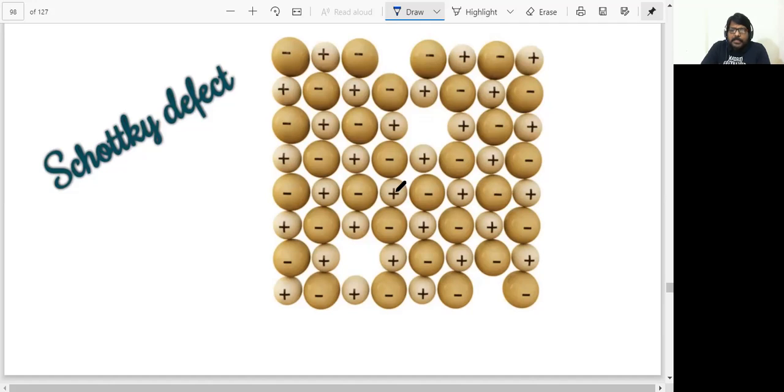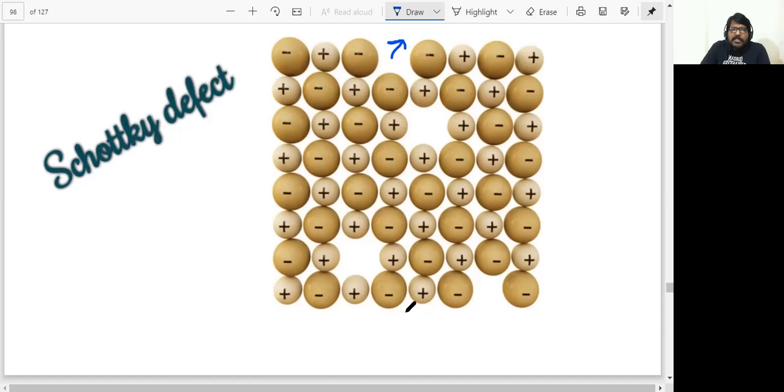Here the constituent particles are ions, cations and anions. At this place, we are expecting one cation, but the cation is missing. And here we are expecting one anion, but the anion is missing. Here also one anion is missing. Here one cation is missing.